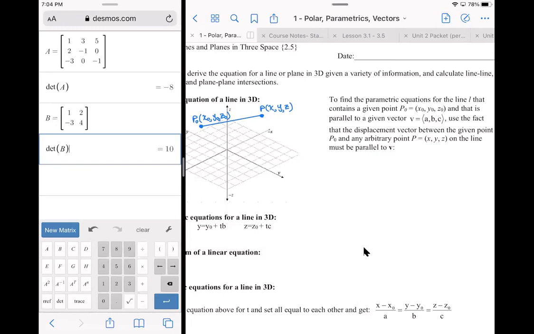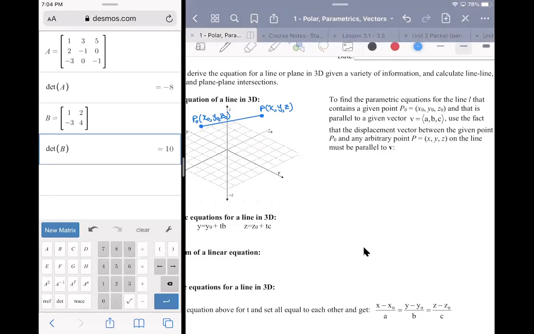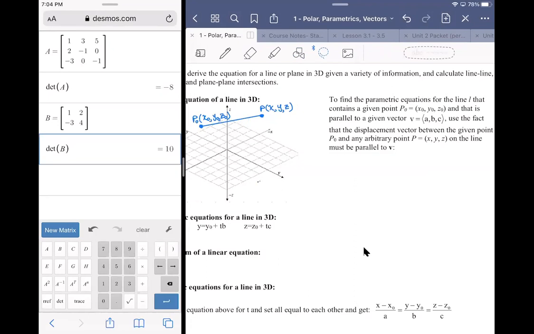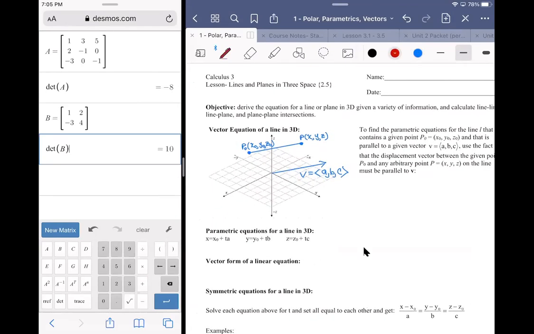So let's do that. First off, let me grab this line segment and manufacture from that a parallel vector that we're going to call V. That V is going to have components A, B, and C. Something else to keep in mind, these 2 points, P sub O and P, are living on a line.